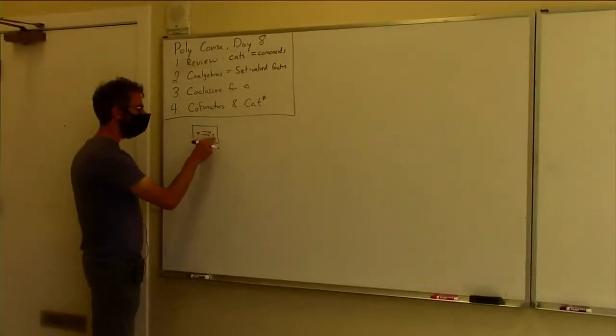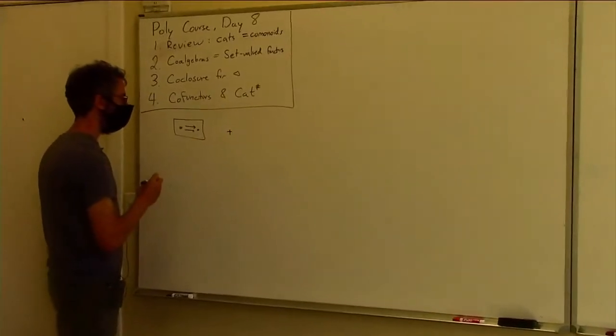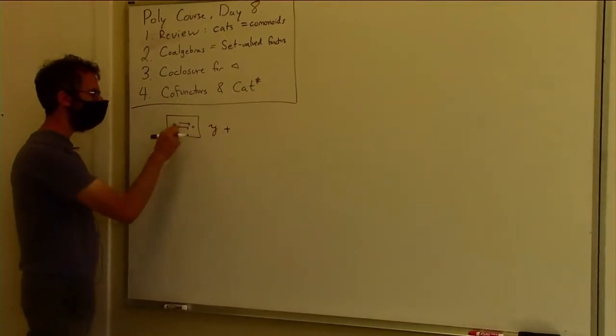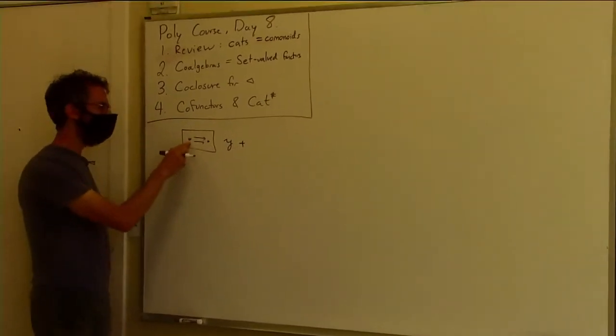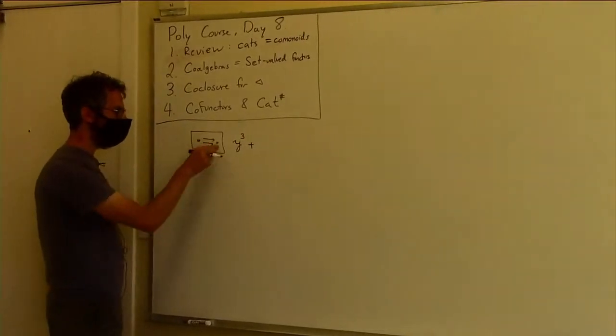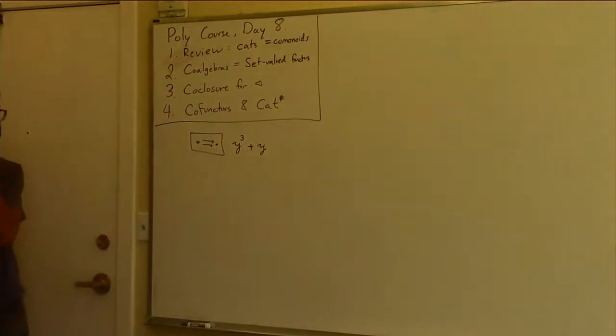This, since it has two objects, will have two summands. And the first one will have y to the power of the number of morphisms coming out of it, of which there are 3: 1, 2, and the identity. And this one will have the number of morphisms coming out of it, which is 1.